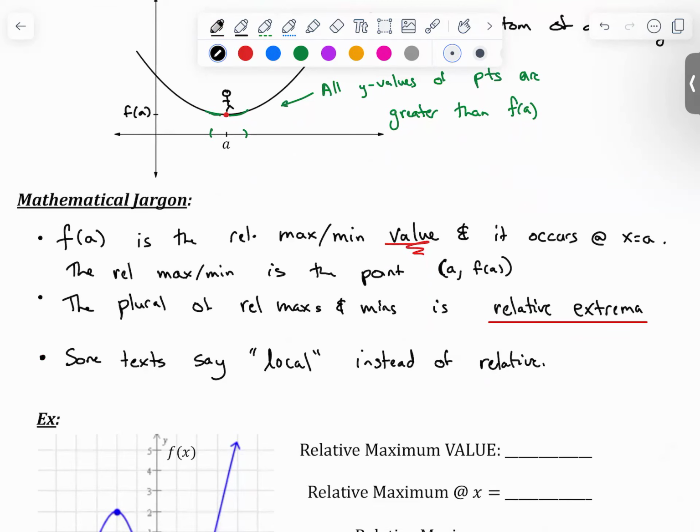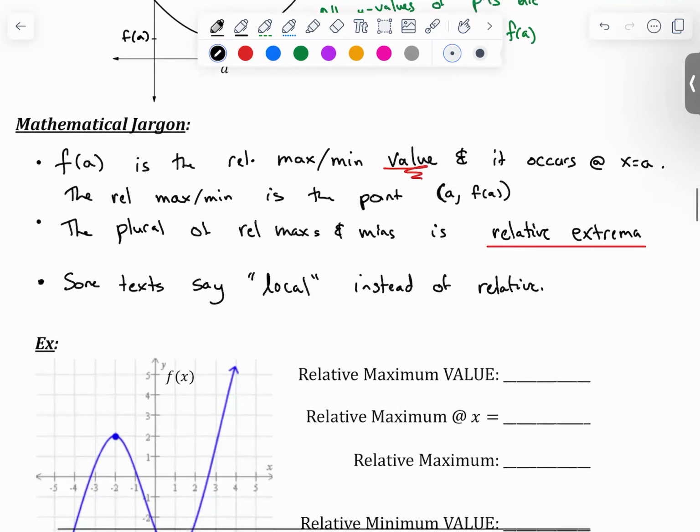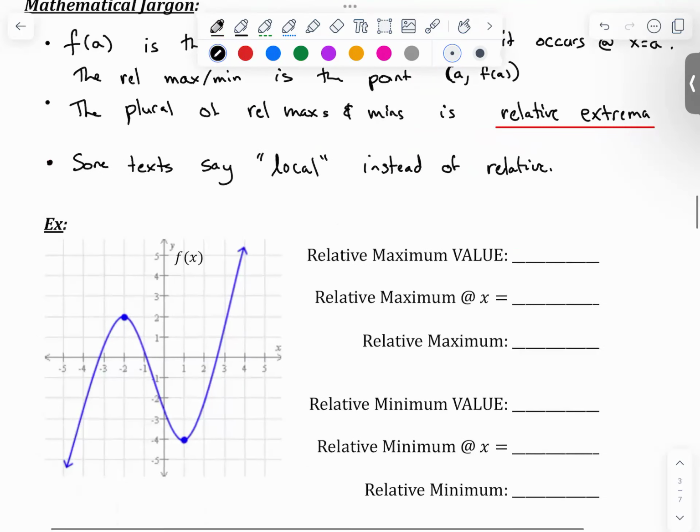Just depends on the textbook, but some places will say a local max or a local min instead of a relative max or a relative min. And I don't have time to go over it, and it's not necessary for our course, but there are such things called absolute extrema, so absolute maximums and absolute minimums, but that usually gets touched on later on in your mathematical career. Anyways, here's an example of just kind of digesting all this stuff.